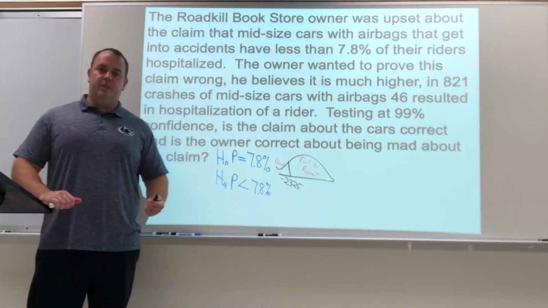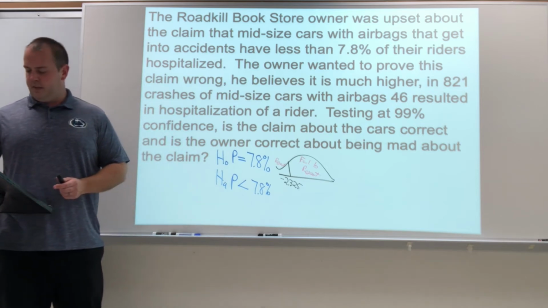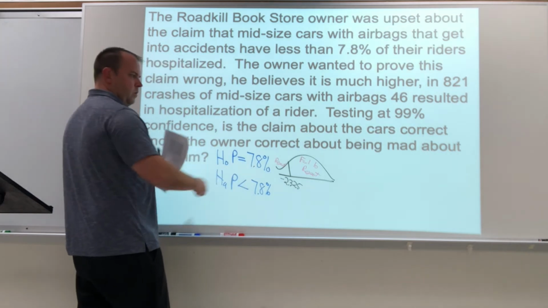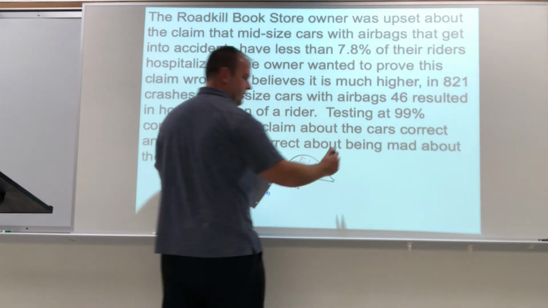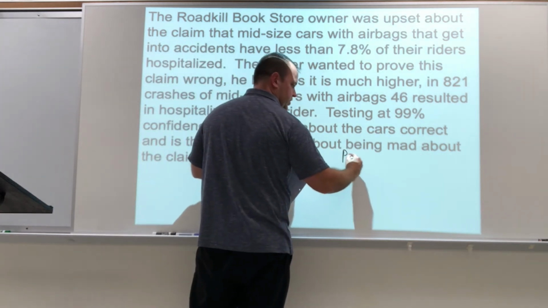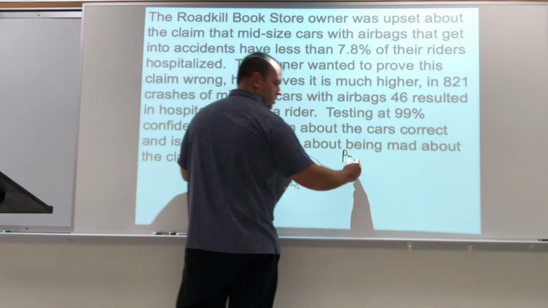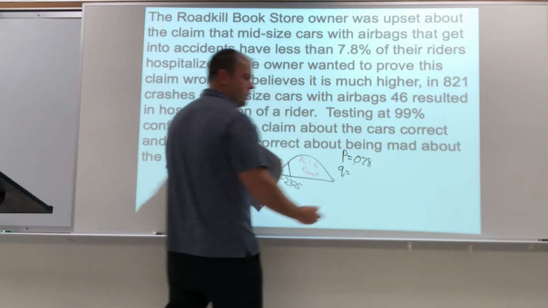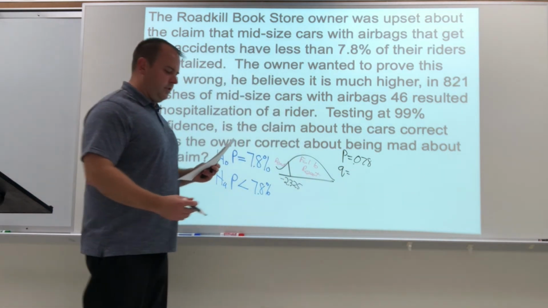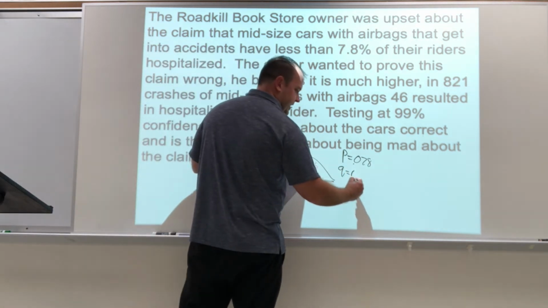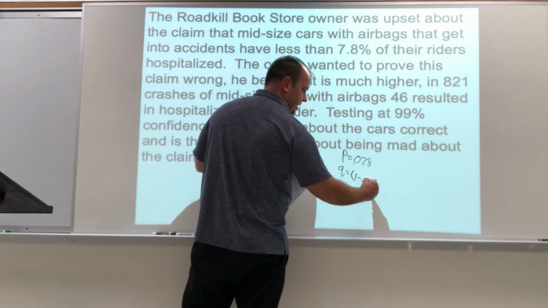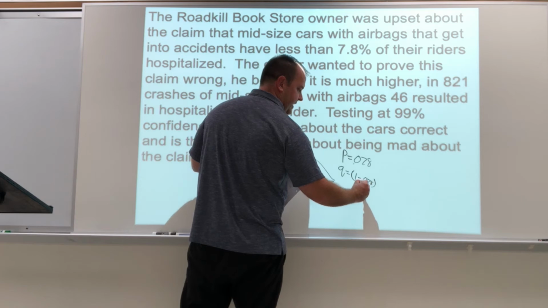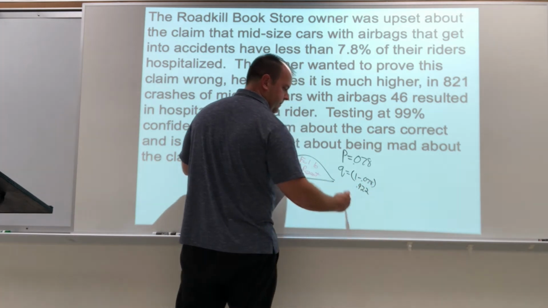Now we need to find our pieces to find our test statistic. And we have our p, which is right there. So I'm going to write all this stuff out. We have our p, which is 0.078, which means our q is 1 minus 0.078. So you can either have it as 1 minus 0.078, or if you want to do the calculation, it ends up being 0.922.